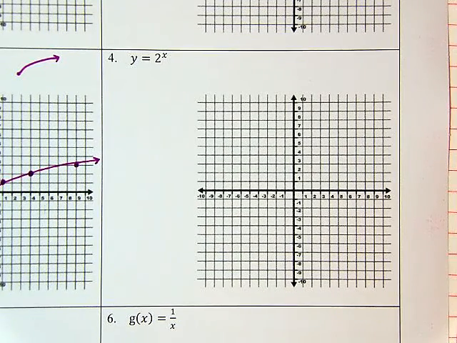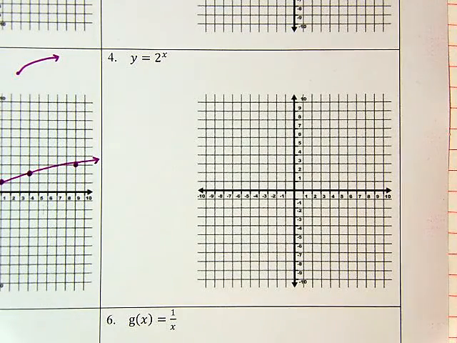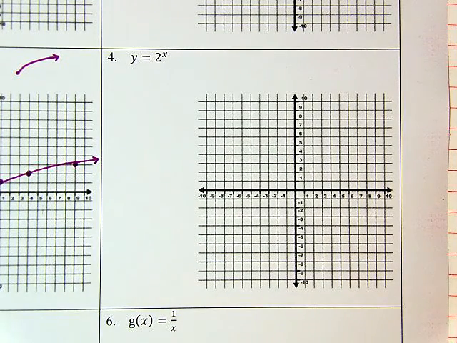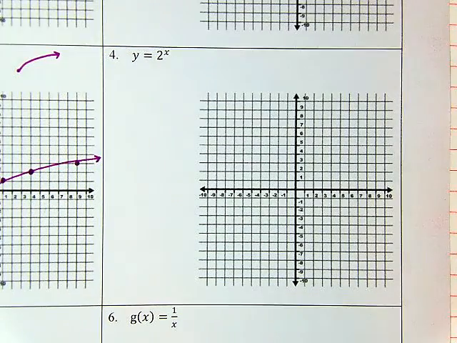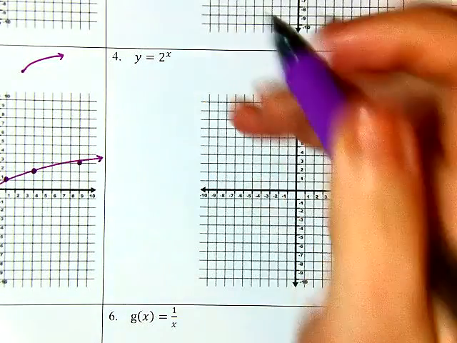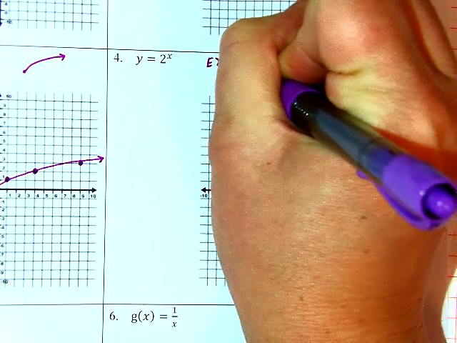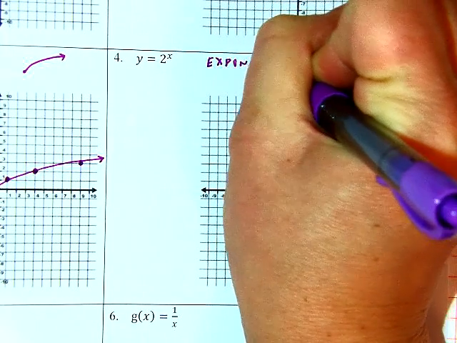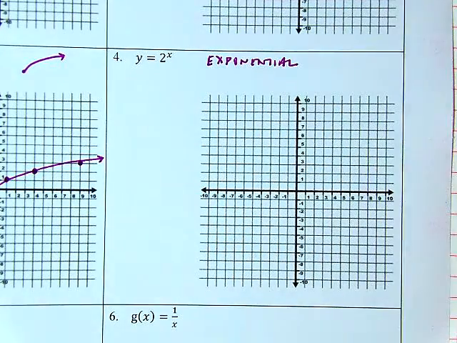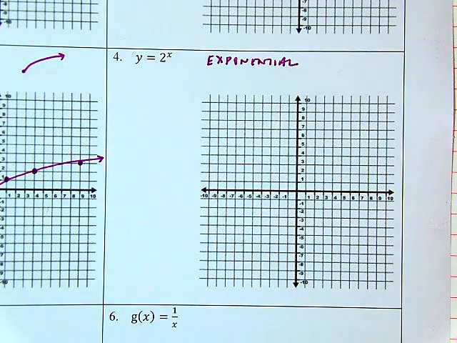So here in 4, we have y equals 2 raised to the x power. So whenever we have a variable in the exponent position, we call this an exponential function. Now, exponential functions can have different base values.